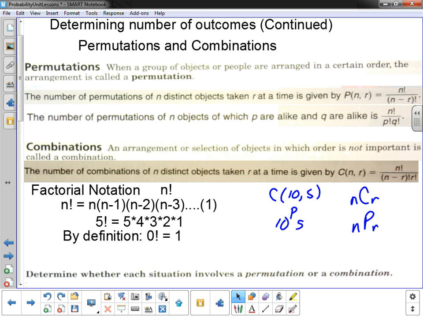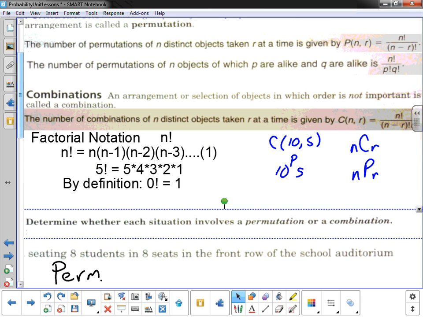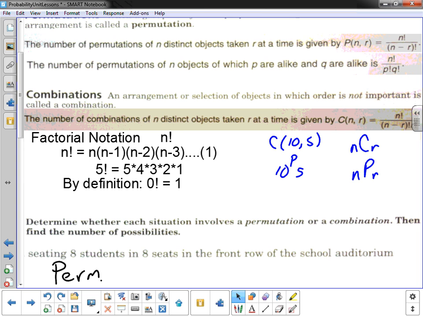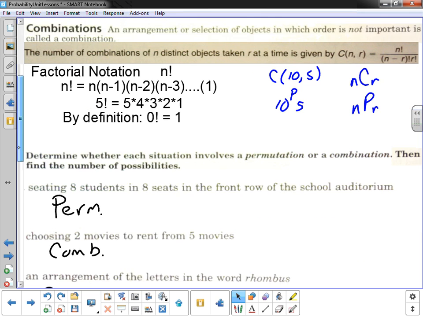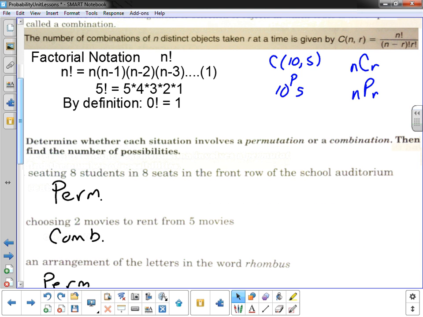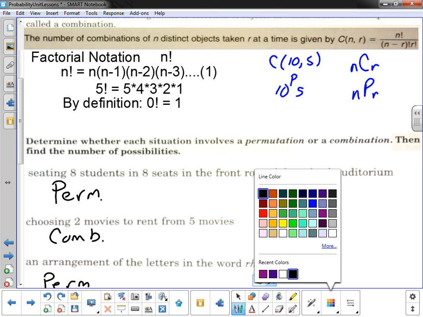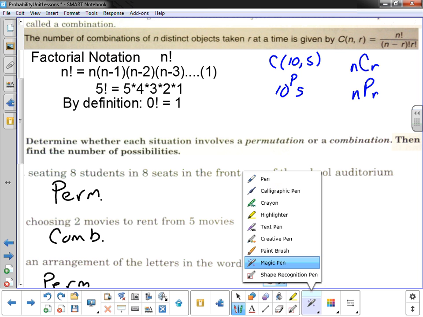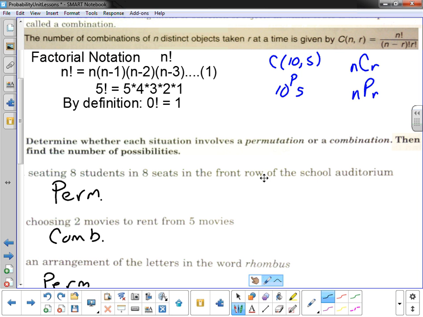So what do we do down here then? Well, there's another set of directions. It says determine whether the situation involves a permutation or a combination, and then find the number of possibilities. We said this was a permutation of 8 items taking 8 at a time. So I want a permutation of 8 things taken 8 at a time.